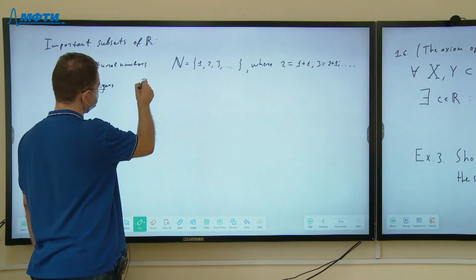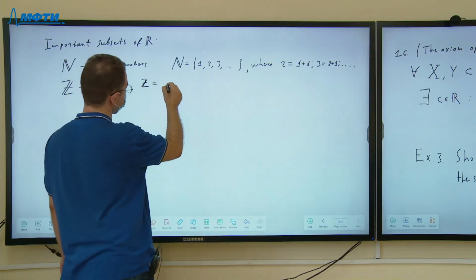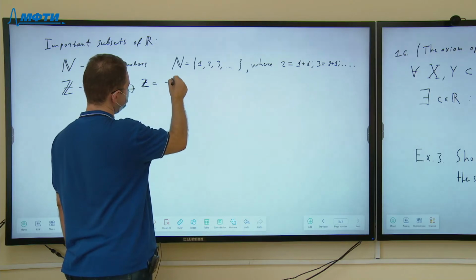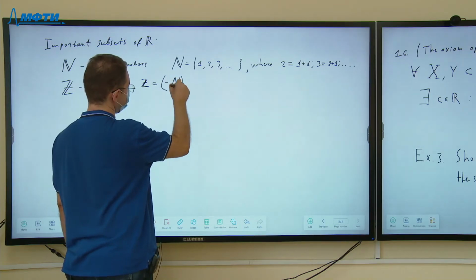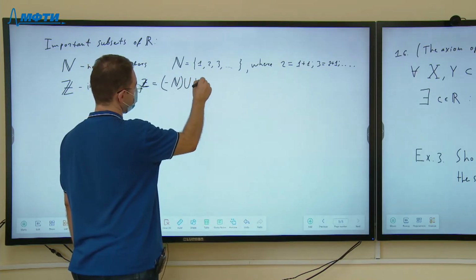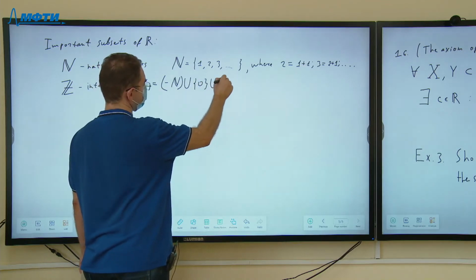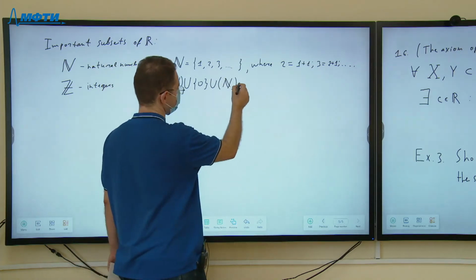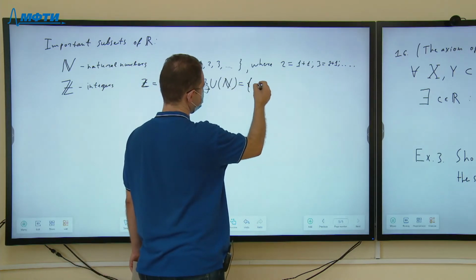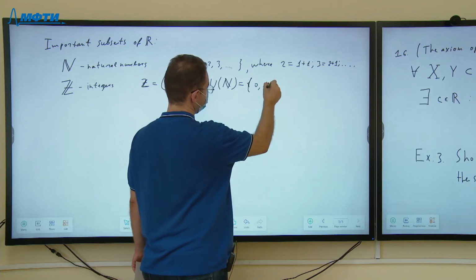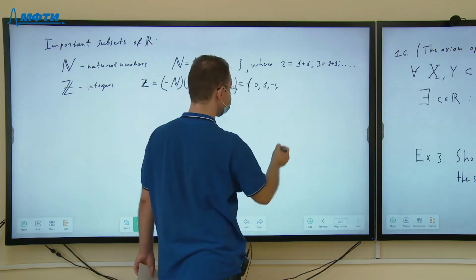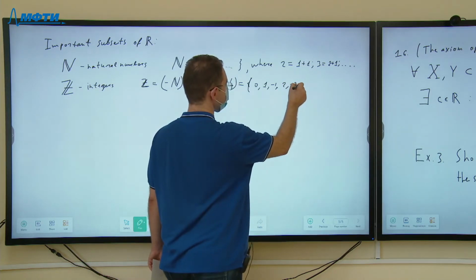Z is basically minus n, 0, and n. So this is a set that holds 0, 1, -1, 2, -2, and so on.